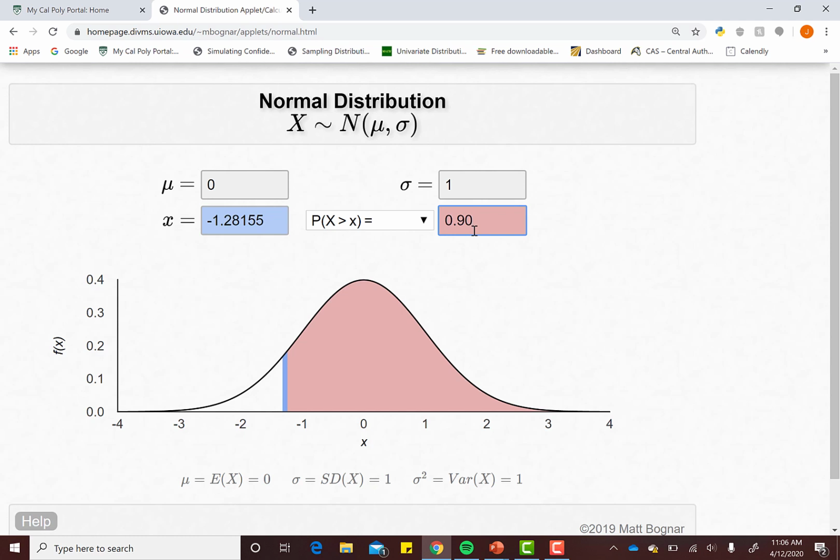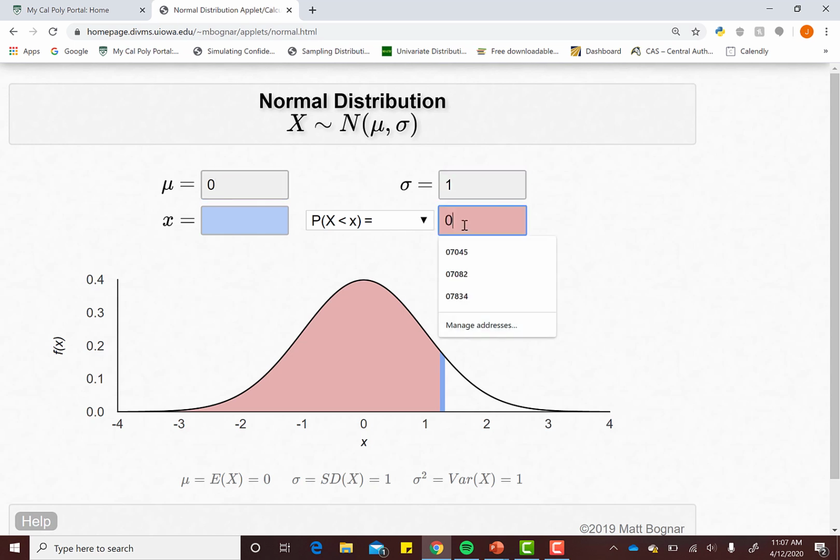Now again, a percentile is the percent of observations that you're greater than. So what we're actually going to do is look for this opposite area. I'm going to put in 0.90. And what this is saying is the value, or the z-score, is 1.28. And we know we're in our z-score world because we have a mean of 0 and standard deviation of 1.